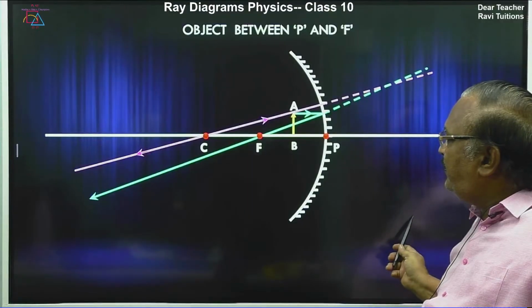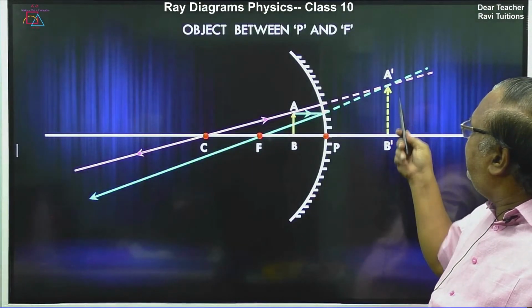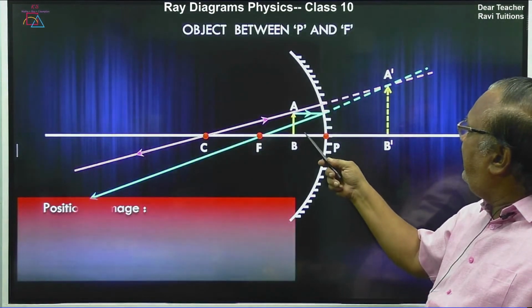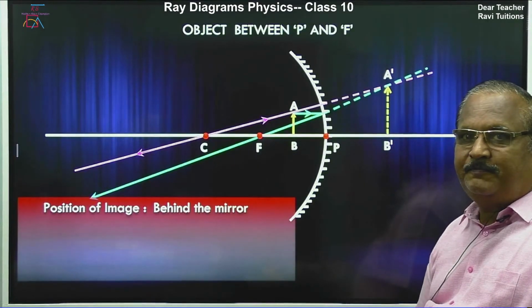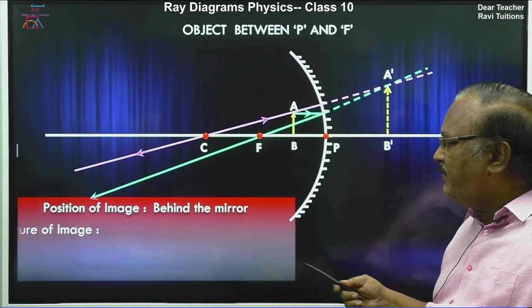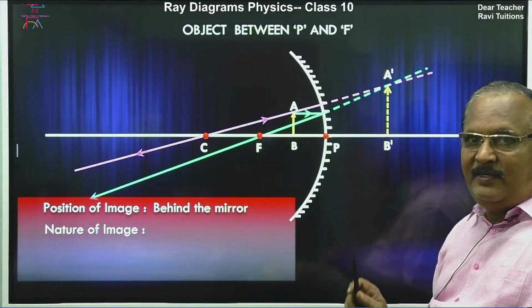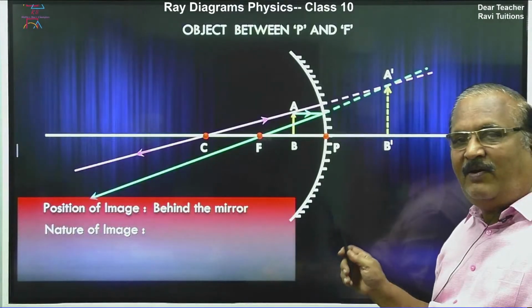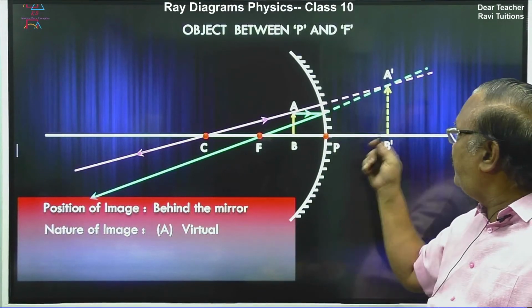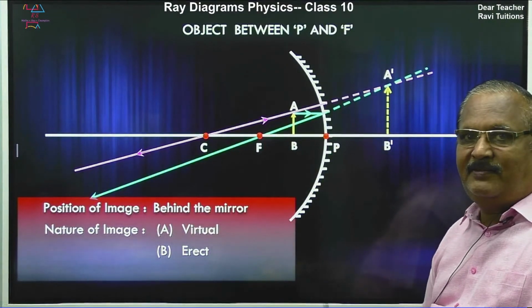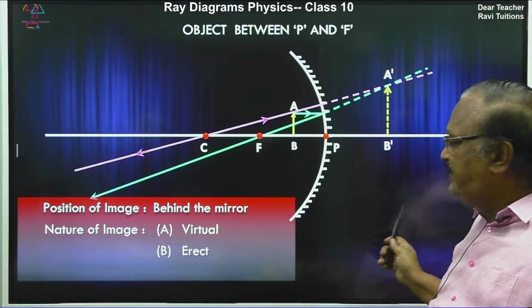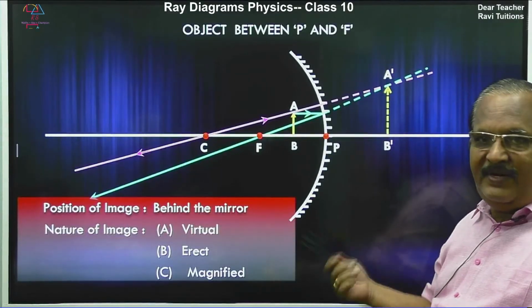So now let us see. This is the image, definitely larger than the object. It is behind the mirror, so for the nature you have to write real or virtual, erect or inverted, and size. Because it is virtual, erect because it is above the principal axis, and magnified.